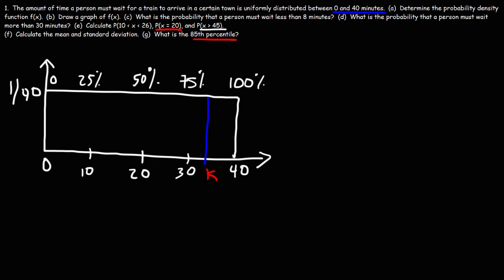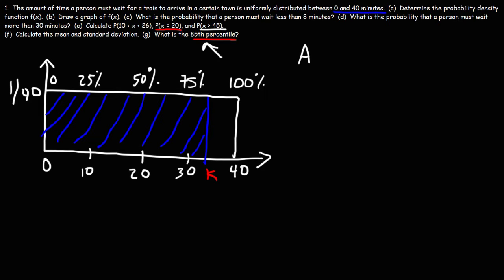First, you need to understand that the 85th percentile corresponds to the area to the left. I said that wrong. To the left, rather, of the k line. So the area of this rectangle that we shaded is 85% or 0.85.